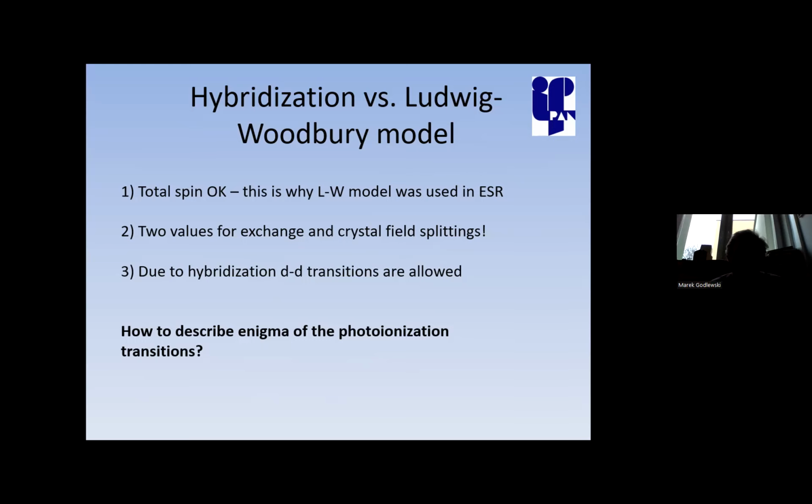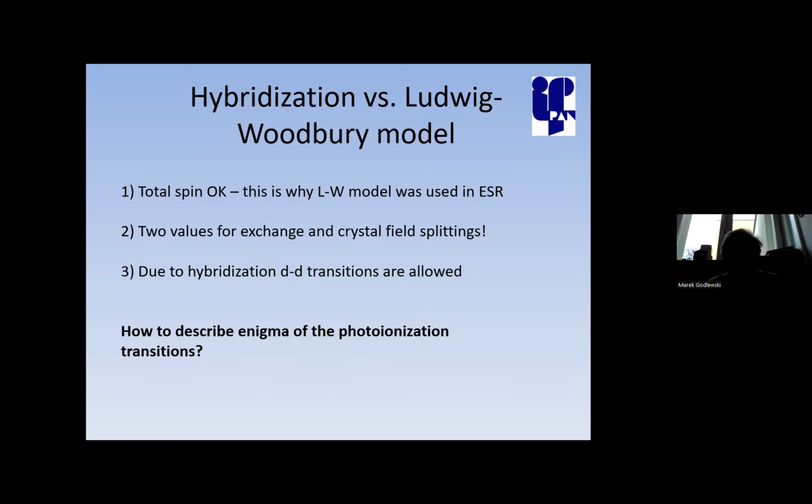It's also important that we could now explain why the selection rules do not lead to very weak d-d transitions, because they are never really parity forbidden. We always have some admixture of p states, so that's okay.